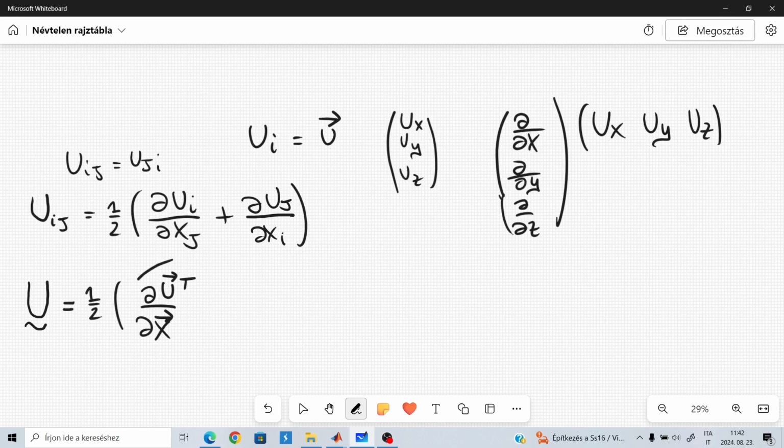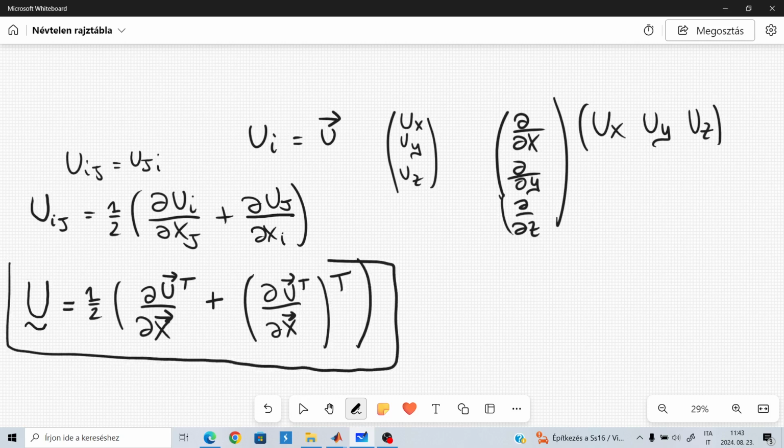After you get the matrix, you can do the same thing here, but you take the transpose of this, and you can define this object U like this.